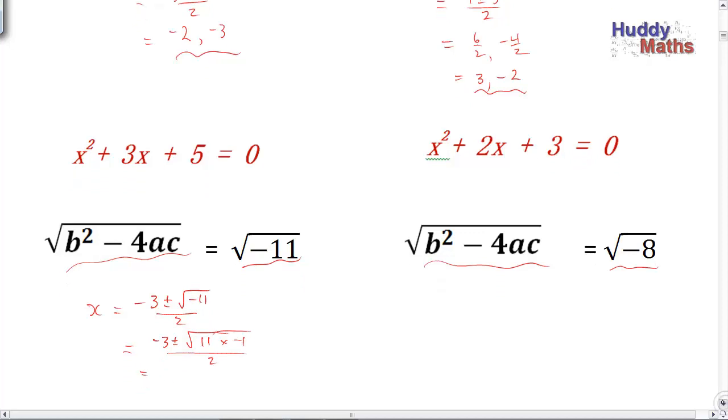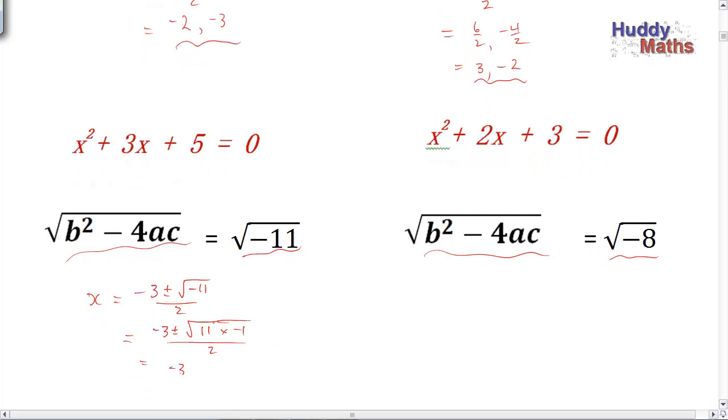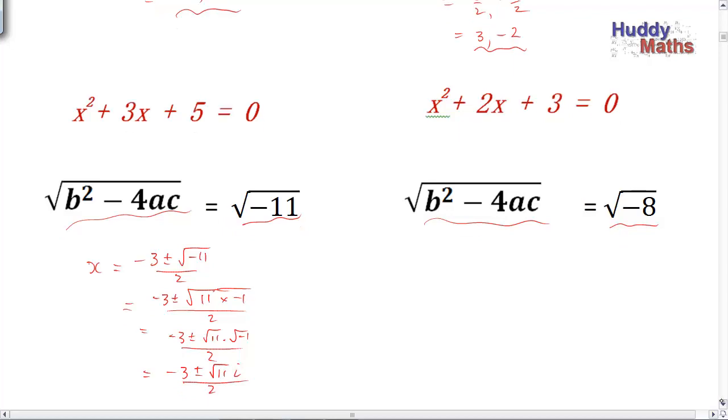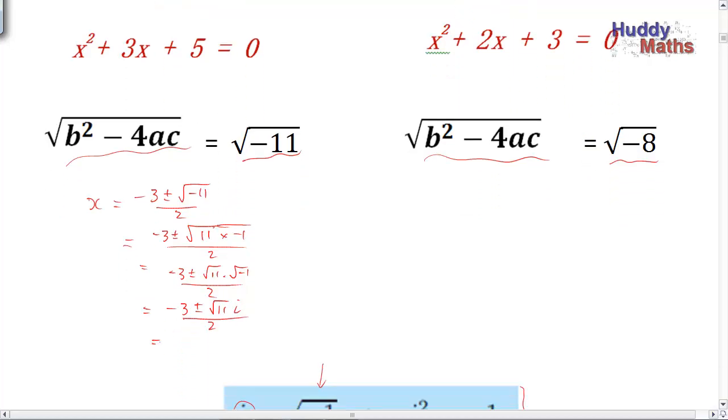That equals -3 plus or minus root 11 by root -1, over 2. So -3 plus or minus root 11 i over 2. And we could go a little bit further: -3 over 2 plus or minus root 11 over 2 i. That got us out of trouble, didn't it?